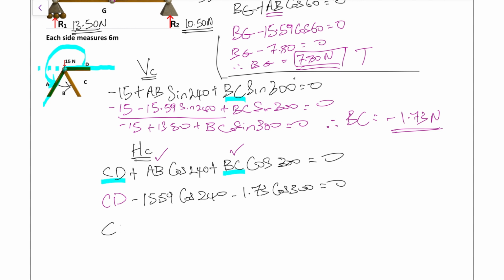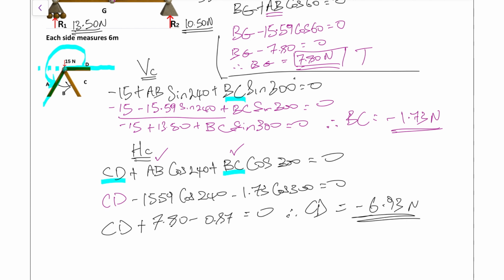So this one's going to be quite straightforward because once we solve these bits, negative 15.59 cos 240 is now plus 7.80, minus that last bit, 0.87, equals 0. So therefore our CD value is negative 6.93 newtons.